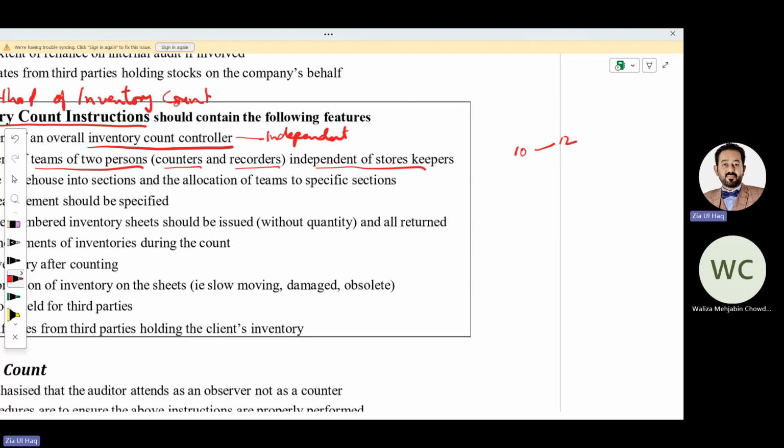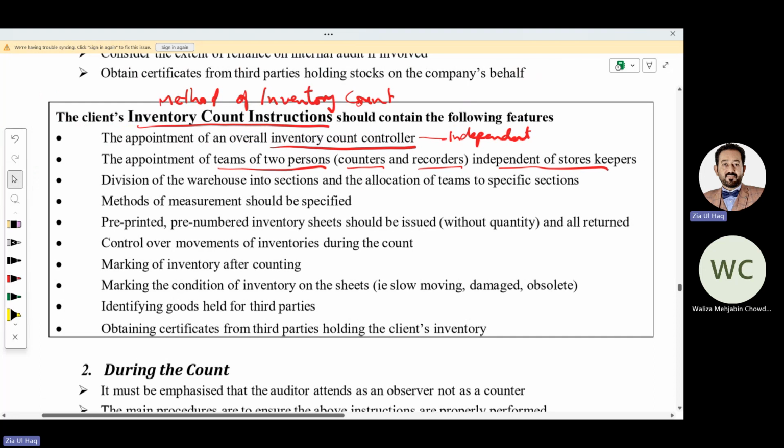If the staff is not independent, then personal use of inventory by warehouse staff will not be identified properly. They will write according to their usage, not the actual quantity. That's why a team of 2 persons should be there, and the counting team should not be store staff or warehouse staff.